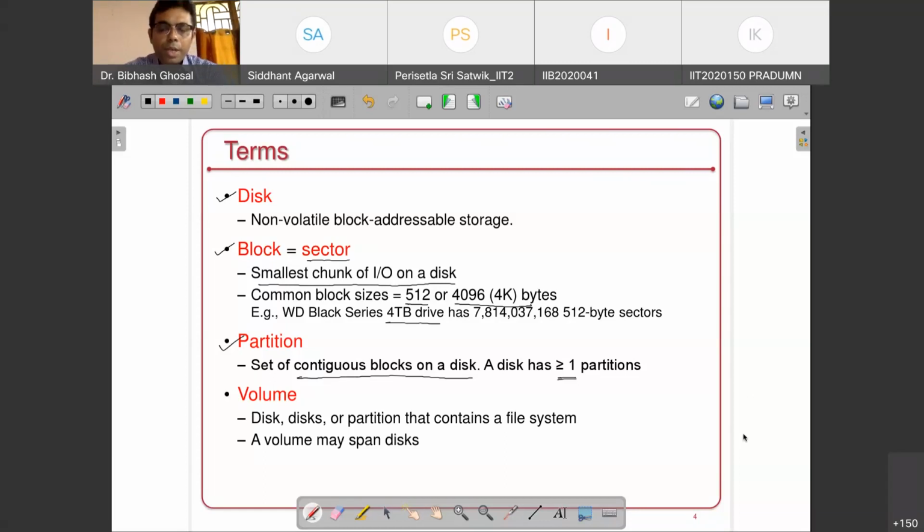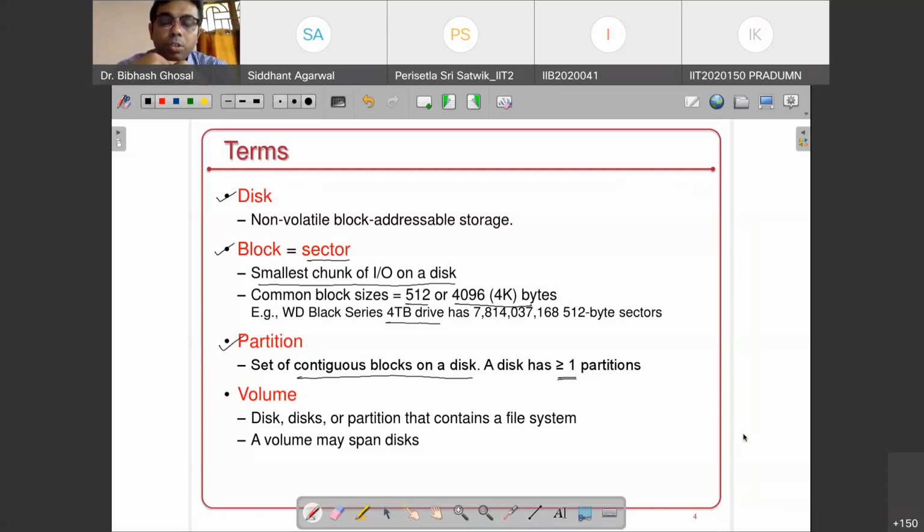Now you say, I will keep maybe 100 GB for a partition which will keep a certain style of data. The next 100 GB I will keep for a different style of data. The next 100 GB I will keep for a different style of data. This is how you do. So what you are actually doing is reserving certain blocks in your hard disk which will hold a particular type of data. And that is what you are calling formatting your disk.